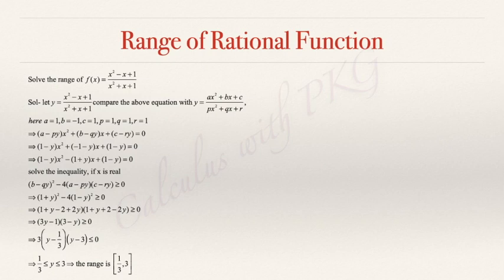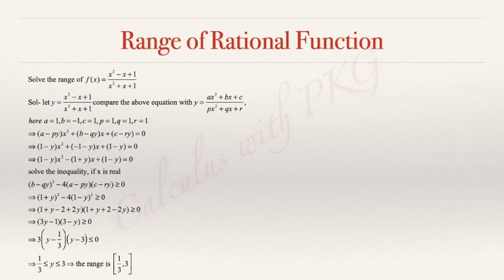Now how to find the range of a rational function, that is (x² − x + 1)/(x² + x + 1)? As we studied in our previous slide, we choose a variable y equal to (x² − x + 1)/(x² + x + 1) and compare it with y = (ax² + bx + c)/(px² + qx + r). Here a = 1, b = −1, c = 1, p = 1, q = 1 and r = 1.